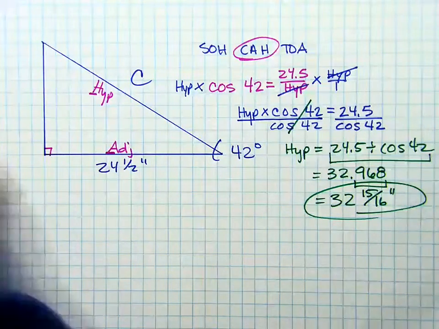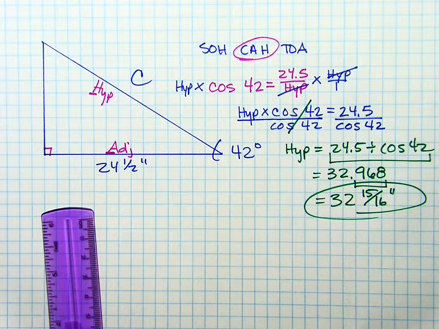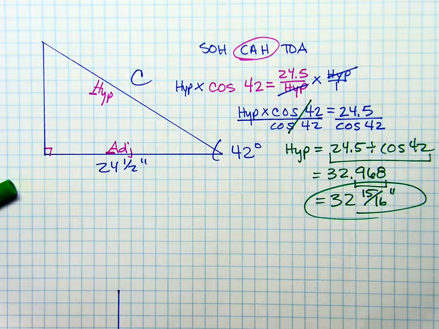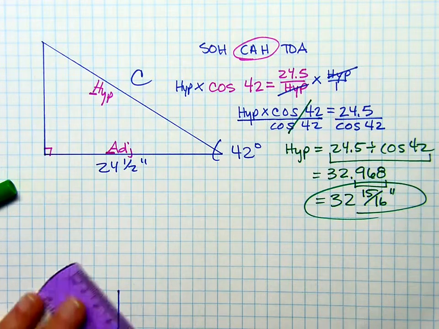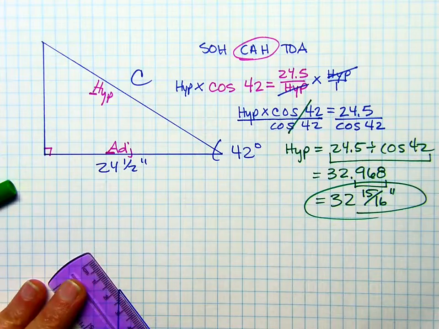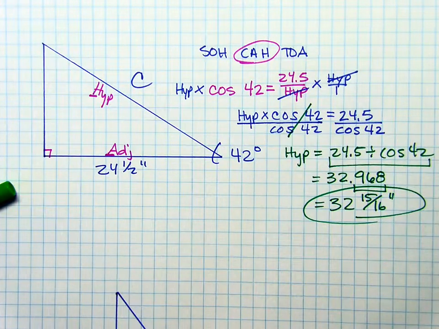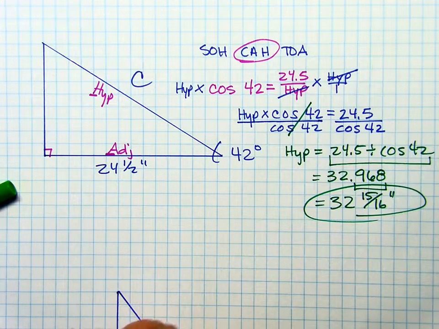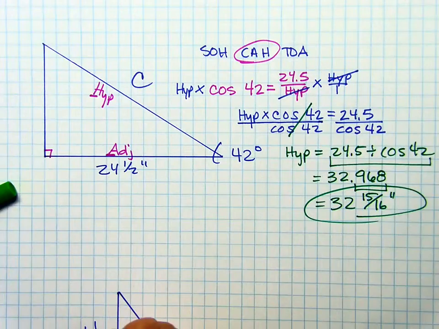Let's say we have one that's 58 degrees here, and let's say we have 14 and 1/8, and we want to figure out the c side.